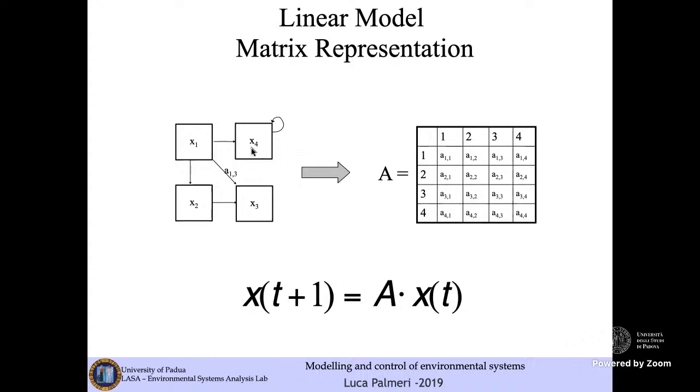So if there is an interaction between x4 and x4 itself, we shall represent this interaction with an arrow that exits from the compartment and goes back to the compartment, and this arrow appears on the diagonal of the matrix. So a model in which there is no internal recycling in the compartment will display all 0 values on the diagonal.